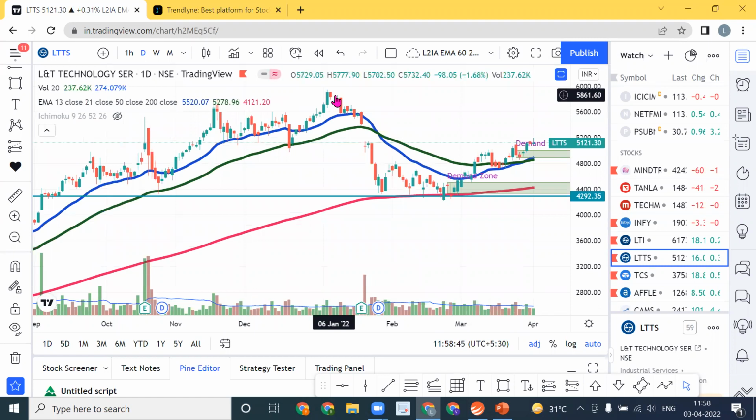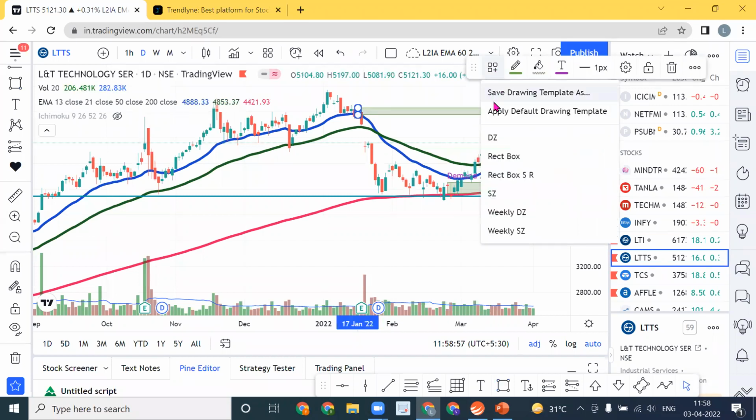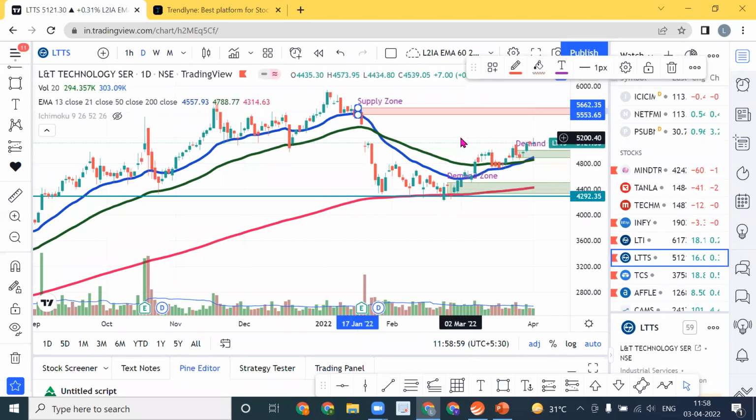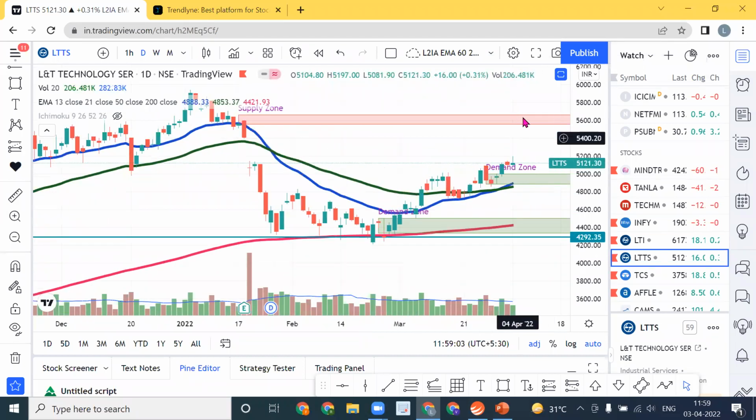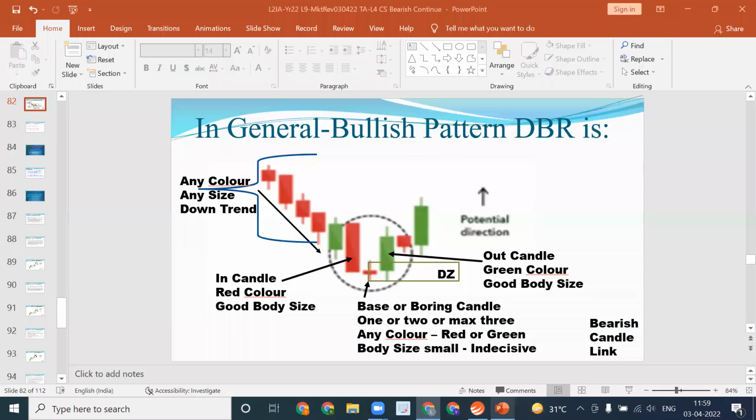The supply is somewhere here. Even this is a small supply zone. So it will move in this range. Now there are some other things like continuation patterns.